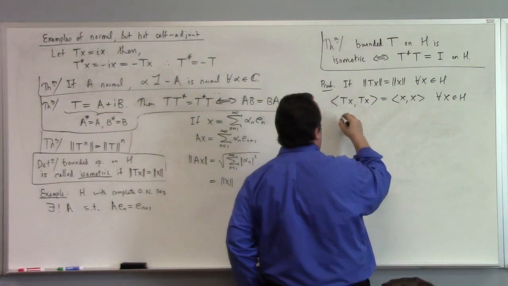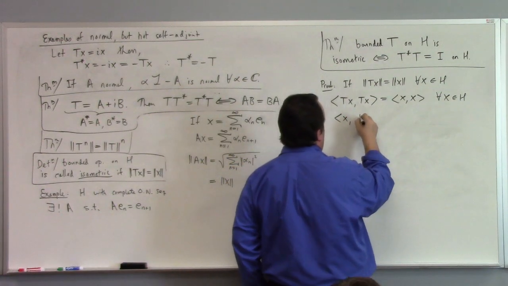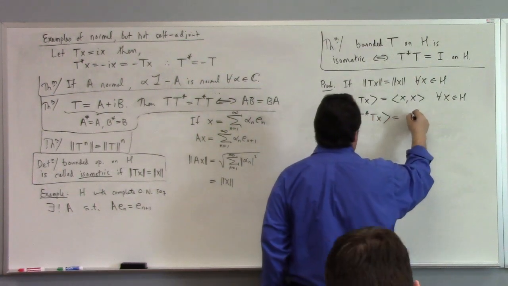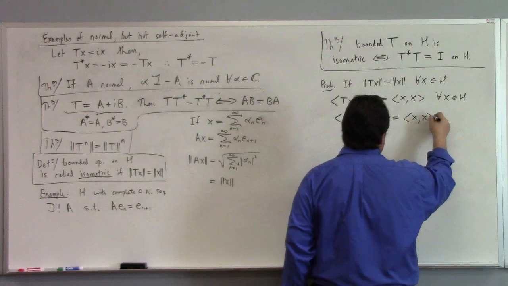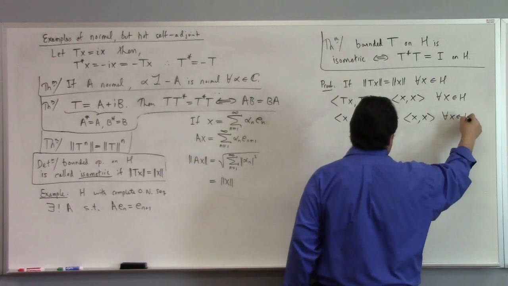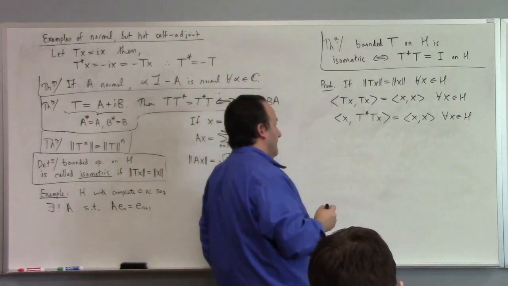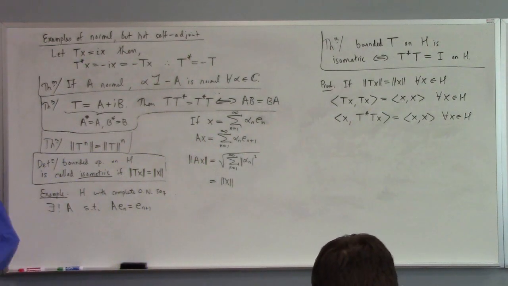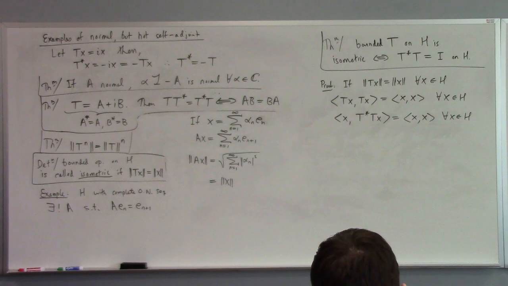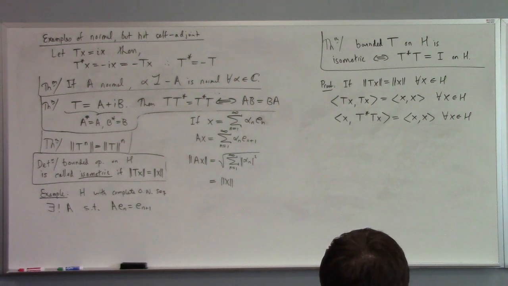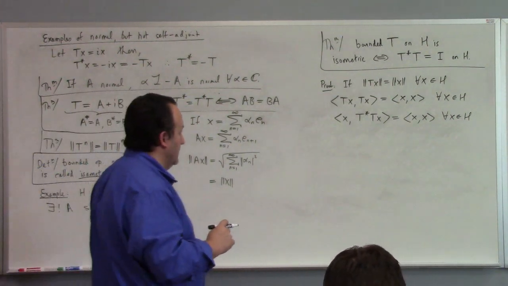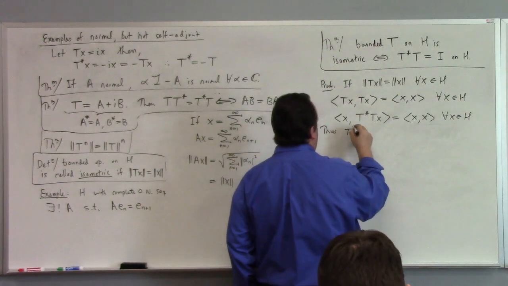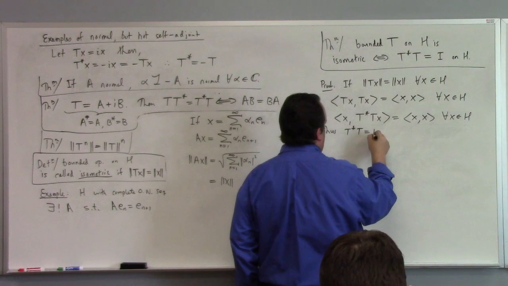Which then gives me that the inner product of x with T star Tx is equal to x with x for all x in H. Thus T star T is equal to the identity.